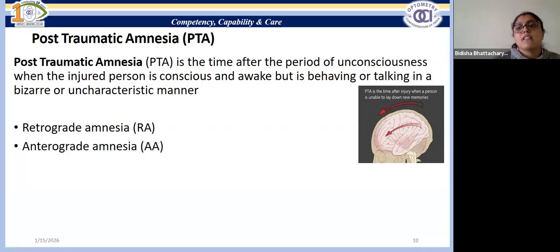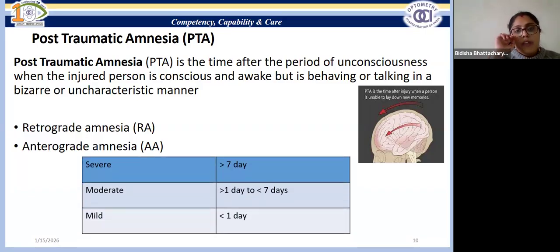Based on these questions, we have again done some analysis that gives an assessment of the condition severity. If it is severe, patients forget their memory for more than 7 days. Moderate if it is within 1 day to 1 week. Mild if they forget for less than 1 day. So this is a criterion with which you can analyze the severity of those patients' conditions.